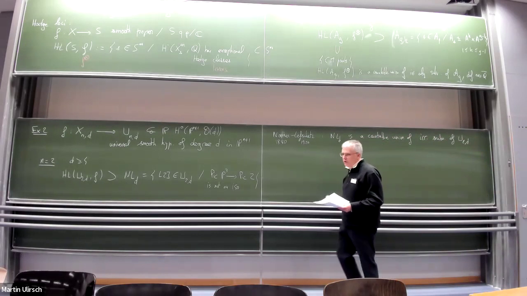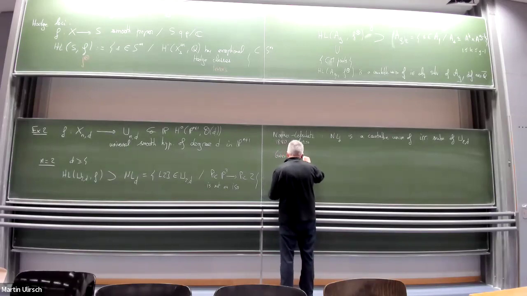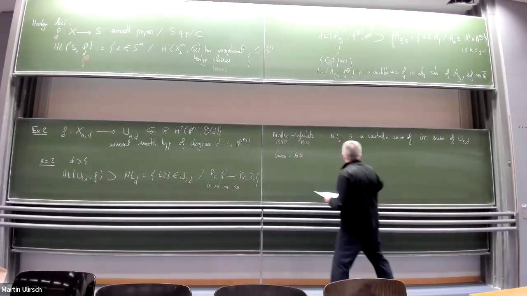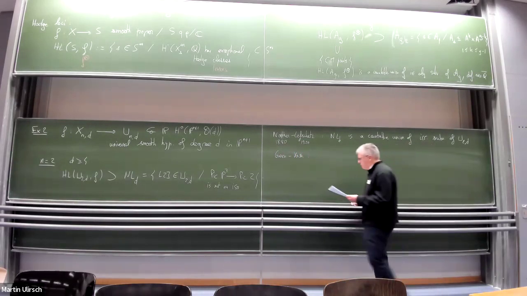Now, this theory developed a lot, so there's a famous result of Kollár and Hodge that says that actually you can give bounds for the dimension of those things.